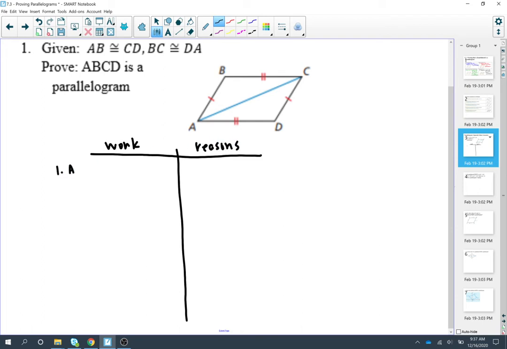Number 1, AB is congruent to CD, and BC is congruent to DA. And that is our given. Now, in order to try to prove that this is a parallelogram, I'm going to use, on the previous slide, number 1, the definition of a parallelogram, which means somehow I'm going to try to prove that BC is parallel to AD.